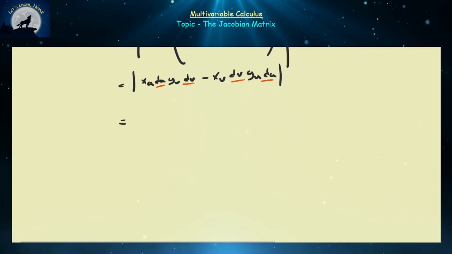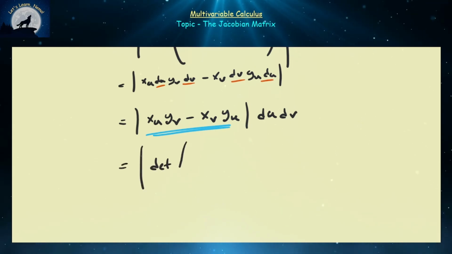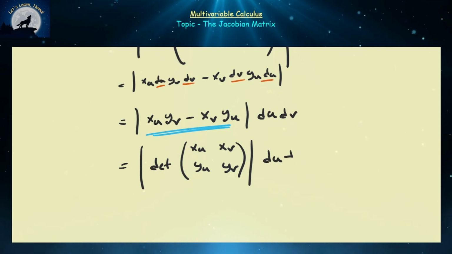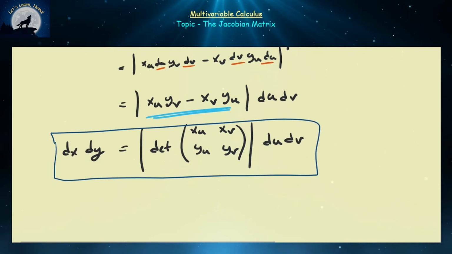We can represent this as the absolute value of xu yv minus xv yu times du dv. But notice that this is just the determinant of another 2x2 matrix. So we can write this as the absolute value of the determinant of xu xv yu yv, times du dv, and this is the new representation of dx dy.